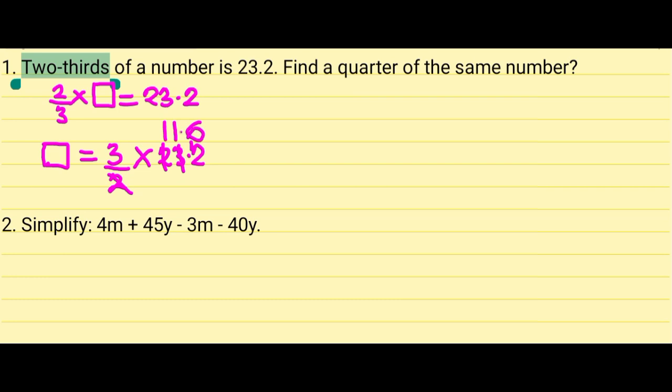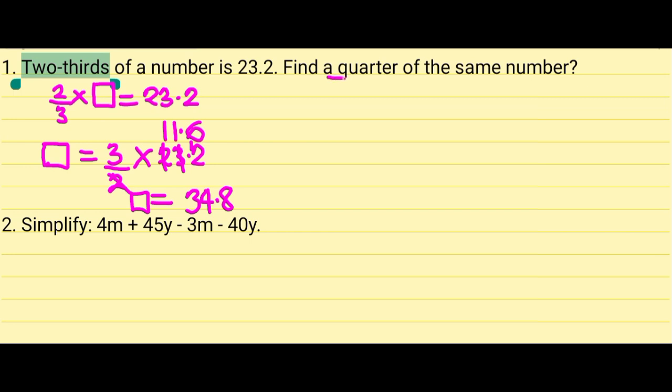So I'm having 3 multiplied by 11.6. Our answer for that is 8 and then a point and 4. You multiply that well, and 3. So this means that the number that is supposed to be in this box is 34.8. So I have gotten the number.